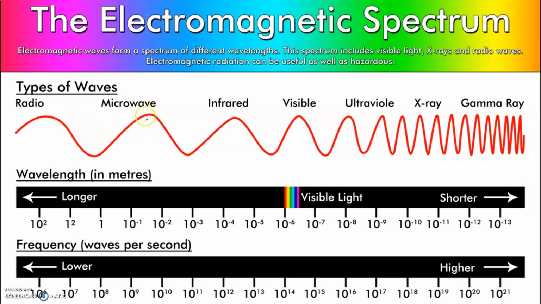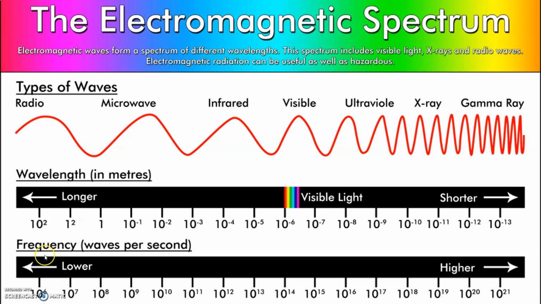Here's a wavelength. Here's a wavelength. As we go further to the right, what is happening to that wavelength? You might notice that it goes from longer, so here's wavelength in meters, longer to shorter. As we go from radio waves all the way to gamma rays, wavelength decreases. It goes from a longer wave to a shorter wave.